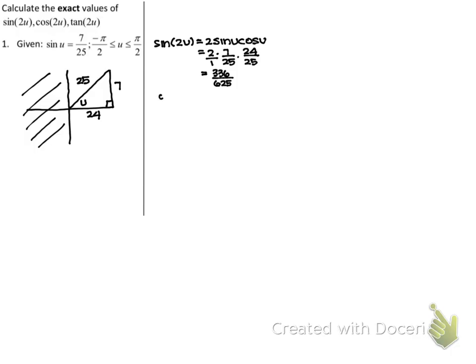So let's do cosine 2u. Remember, this one has a couple versions, so pick the one that you like. I tend to gravitate towards cosine squared minus sine squared, and I'll show you why.